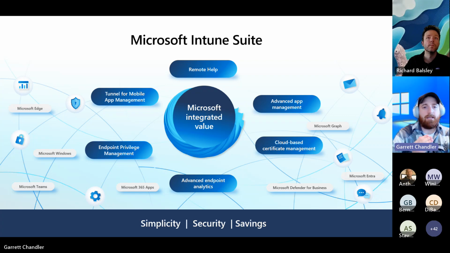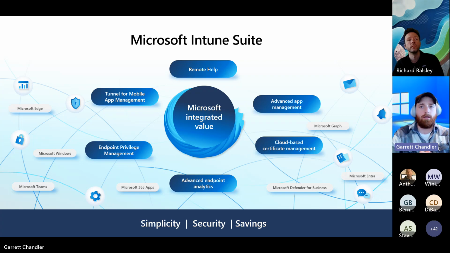Awesome. Advanced endpoint analytics. I think most of you are familiar with endpoint analytics baked into the core Intune suite today. But within the new Intune suite, the new advanced endpoint analytics, one of the things we're bringing that I think is available right now, you can actually trial this if you spin up a trial of Intune suite, is anomalies.